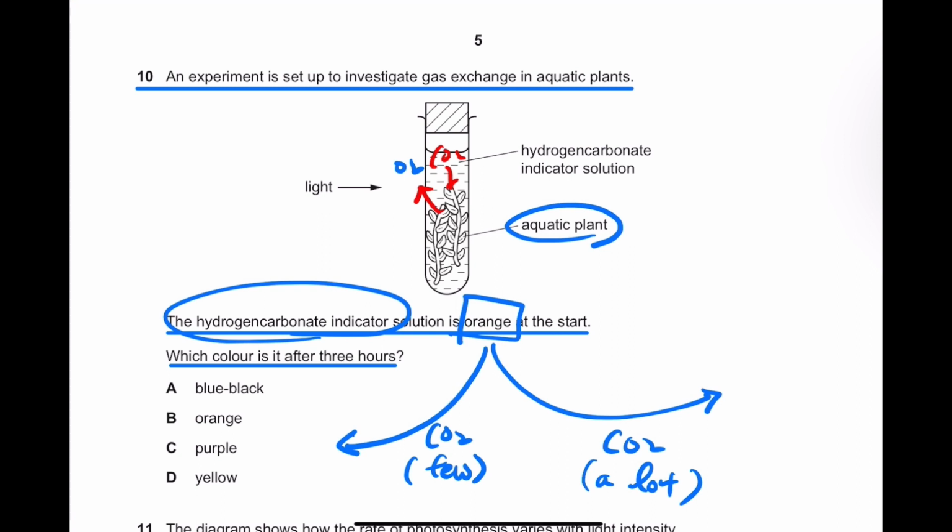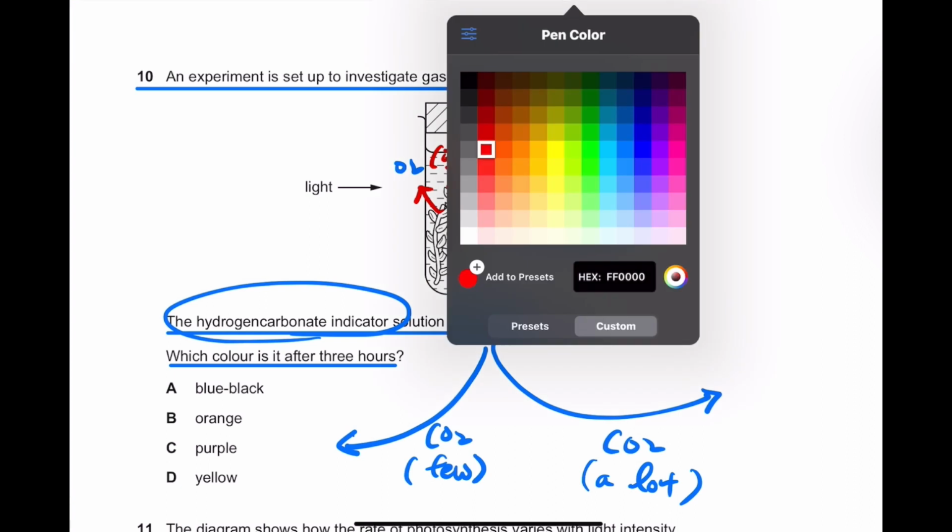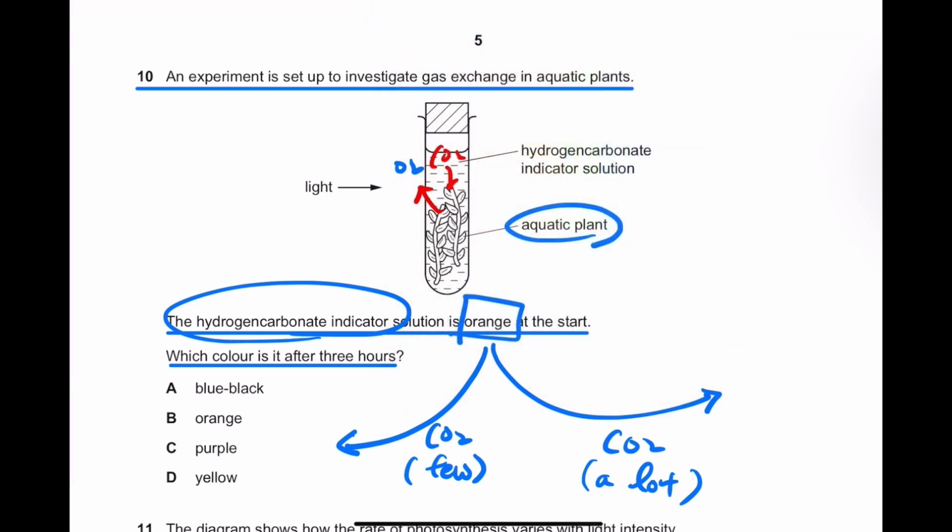I think there's a very nice picture or diagram, which I can't really find at the moment, but I'll probably just draw it for you. Okay, so if there's less CO2, the color will change into the purple, or closer to purple.